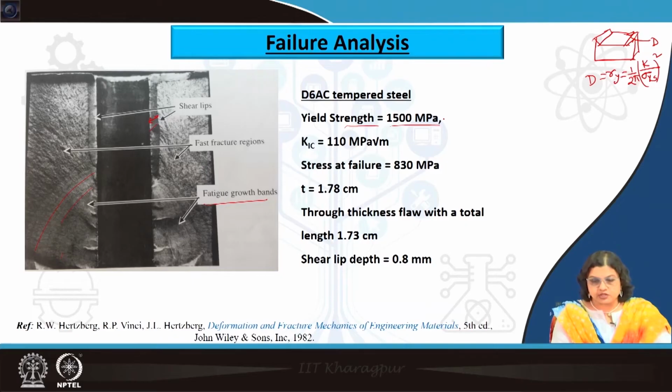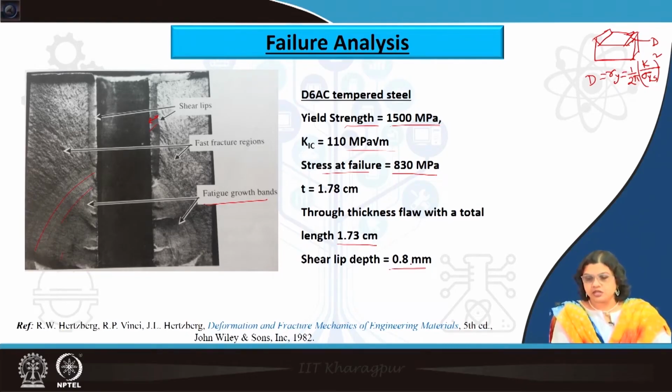Fracture toughness of this material is expected to be 110 MPa root meter, and the stress at the point of failure is 830 MPa. Thickness is around 1.78 centimeter, and there is a through the thickness flaw which has a total length of 1.73 centimeter, and the shear lip depth is 0.8 millimeter.